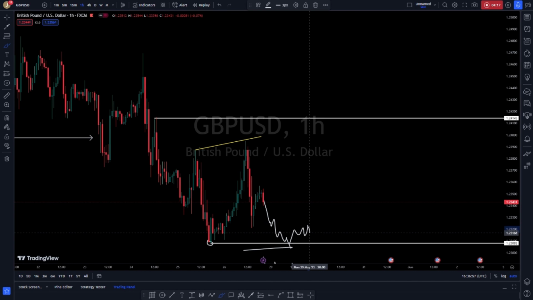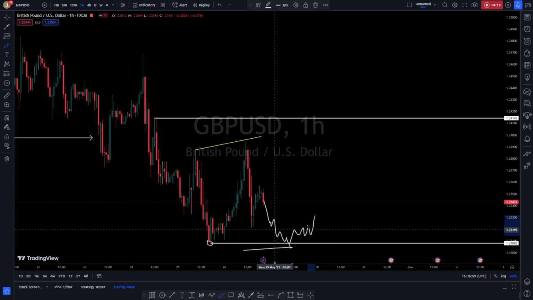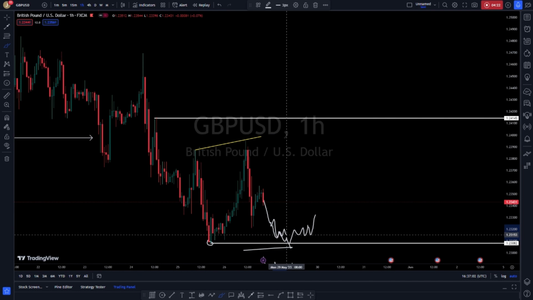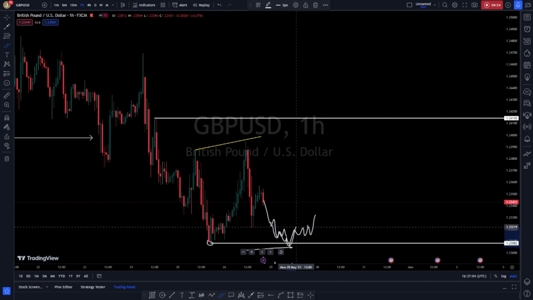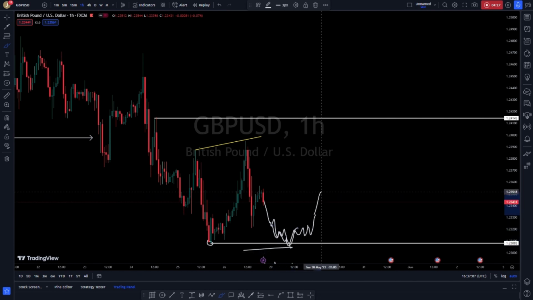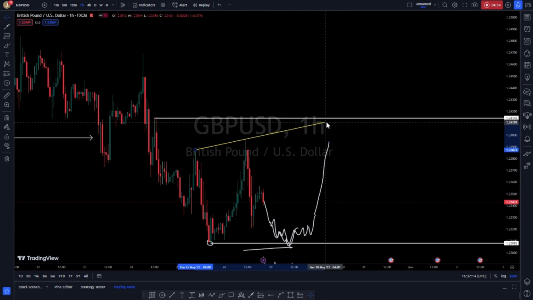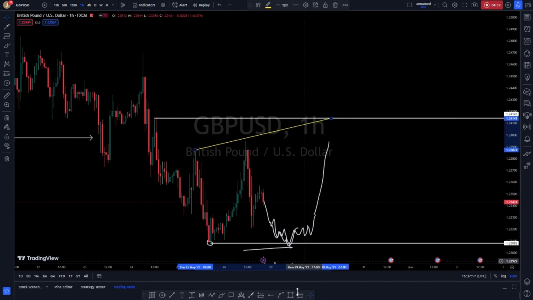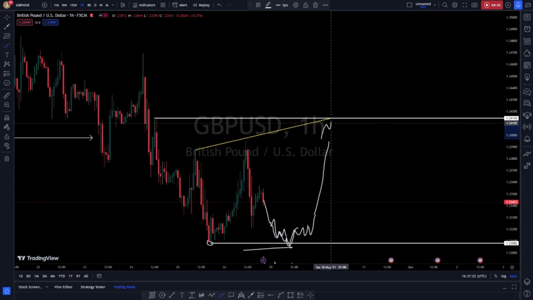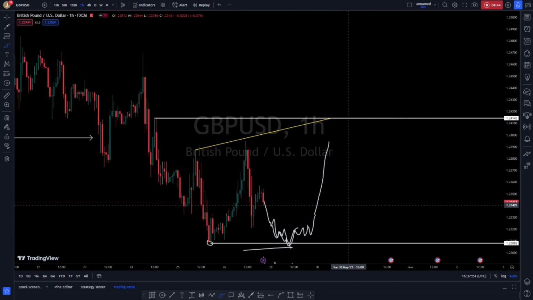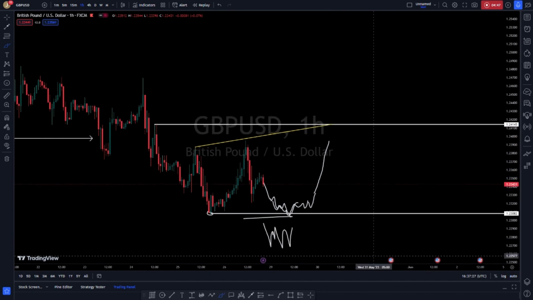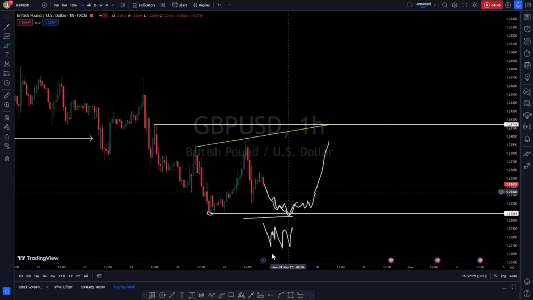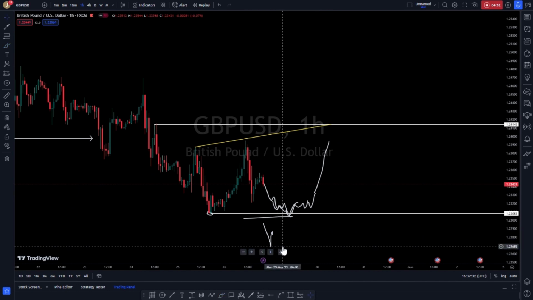That might actually form something like an inverse head and shoulders that would allow it to push up to the upside. These are my forecasted scenarios that might occur. Or we might see something like this, then push to the downside. Just watch out for these two scenarios.